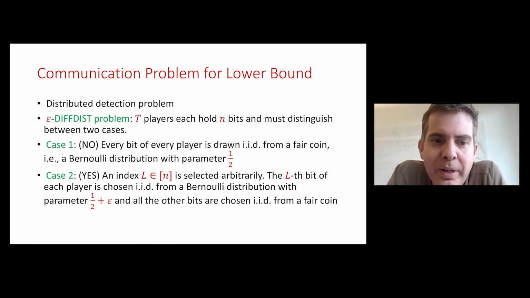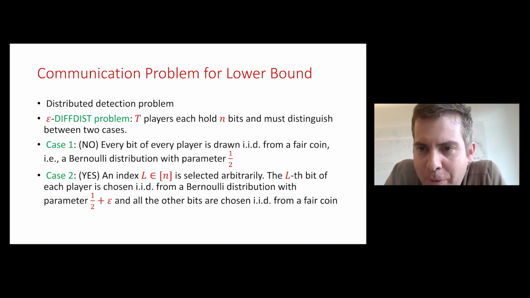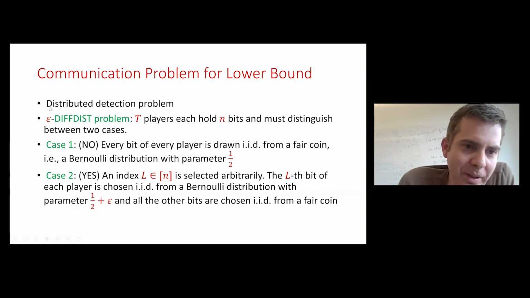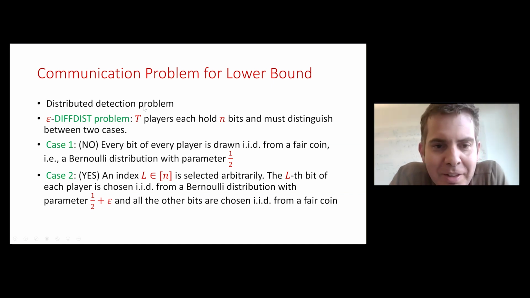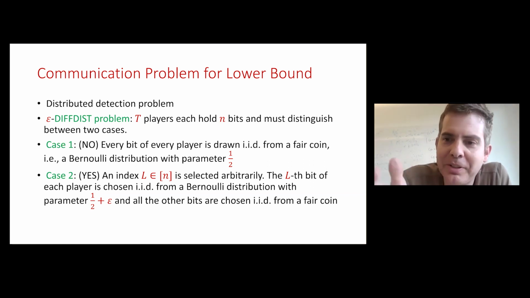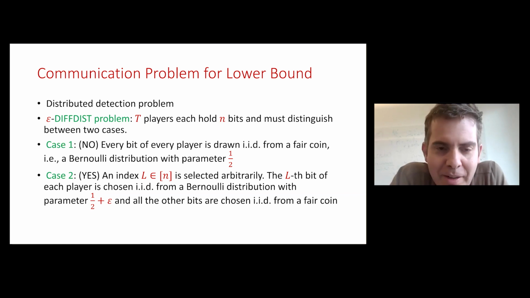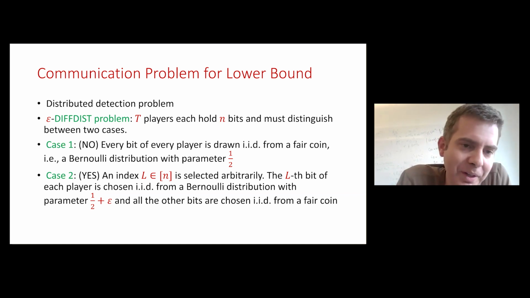So here's the way we prove this. It's again from communication complexity, though the problem is slightly more sophisticated than the standard set disjointness problem. It's called the distributed detection problem. This is like estimating properties of distributions where different machines get a sample from the distribution. These types of communication problems arise in those contexts. But what is it here specifically? We define the epsilon diff-dis problem as follows.